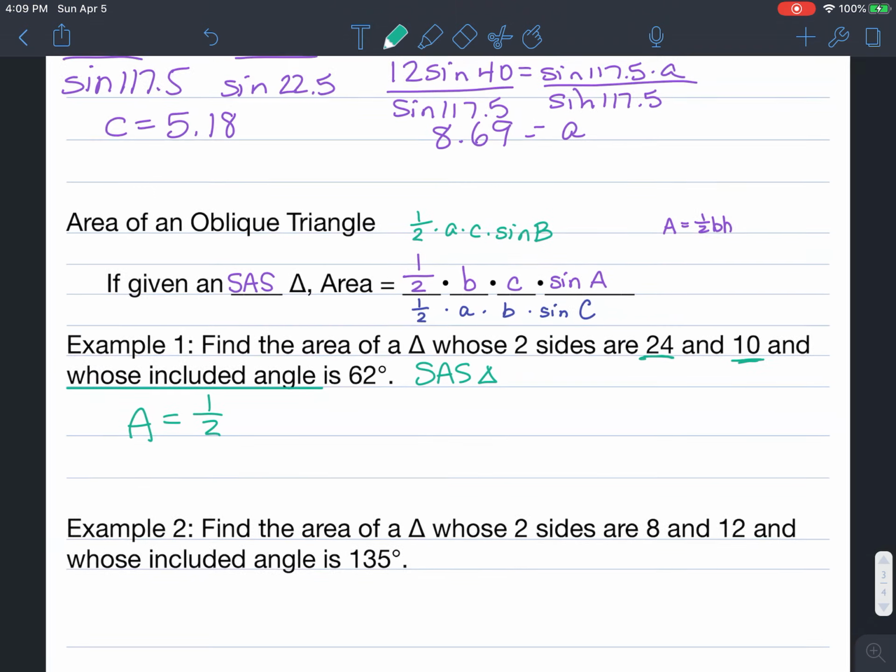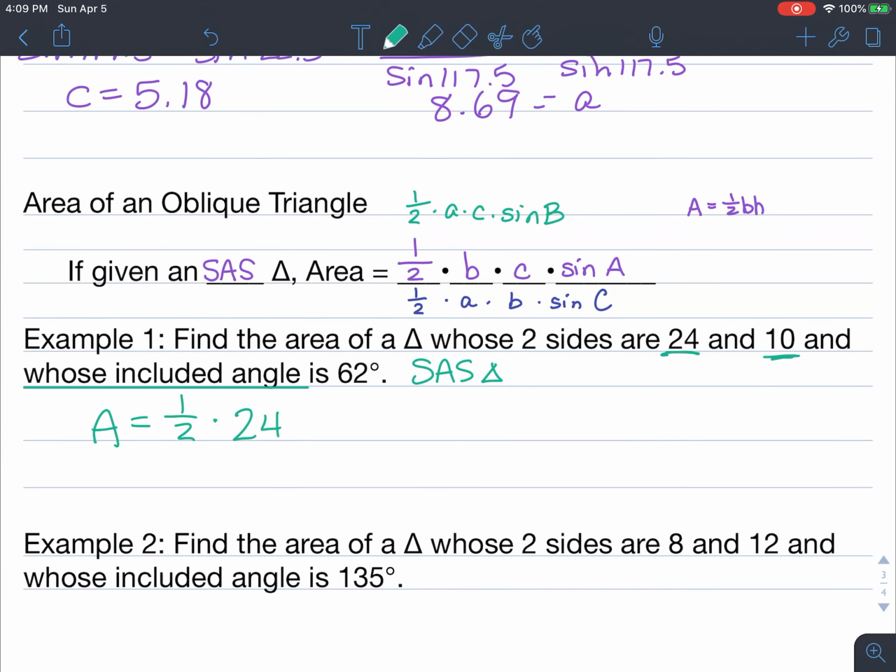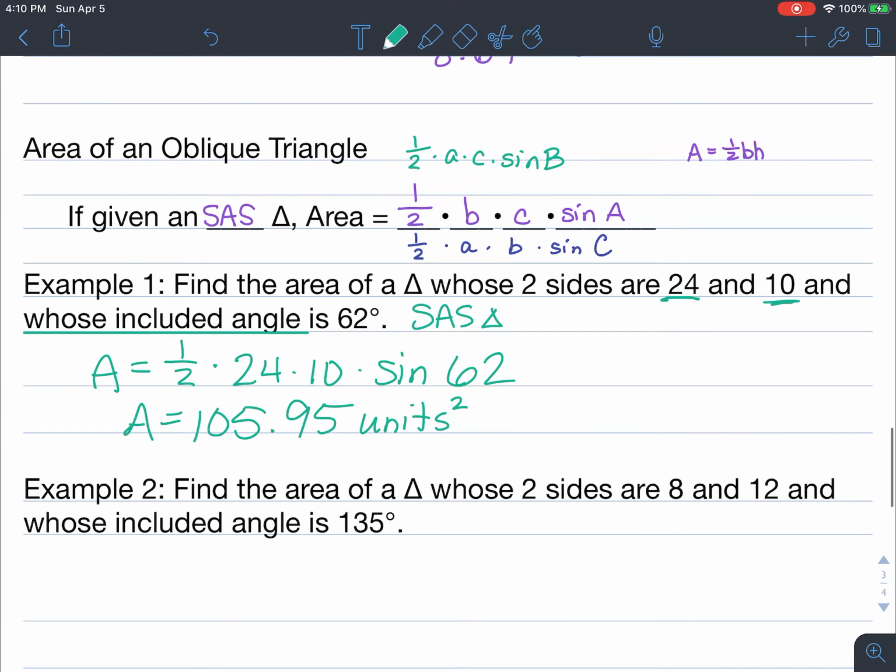A equals 1/2, okay, times the two sides, times the sine of the angle between them. That's it. Like, seriously, that's it. Like, it's over. So 105.95. I don't know what the units here are, but whatever the units are, it's area, so it would be units squared.